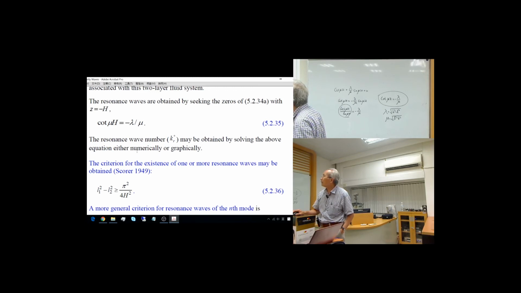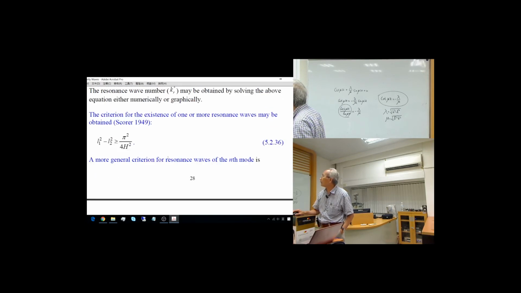And the criterion for existence of one or more resonance waves is like this: L1 square minus L2 square greater than or equal to pi square over 4h square. So there's a criterion under which you can have the resonance, the trapped waves.